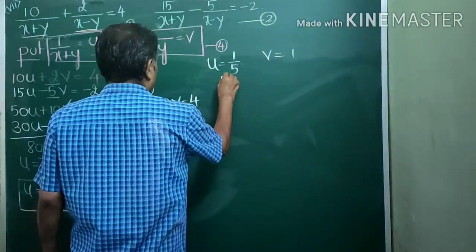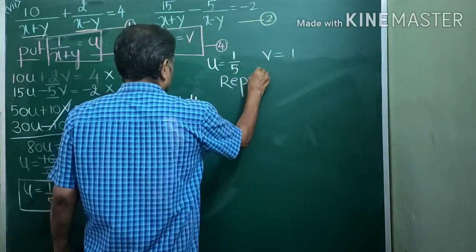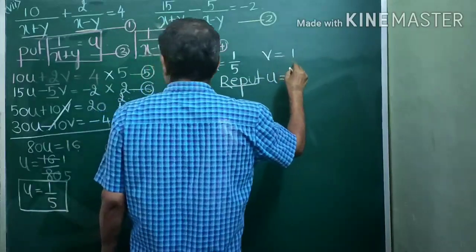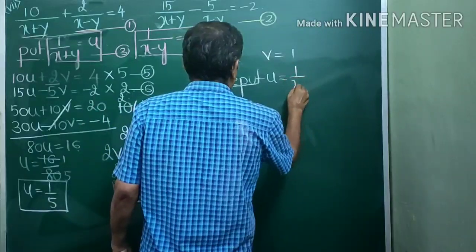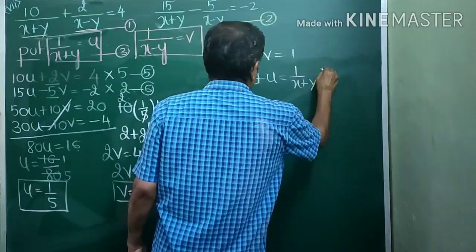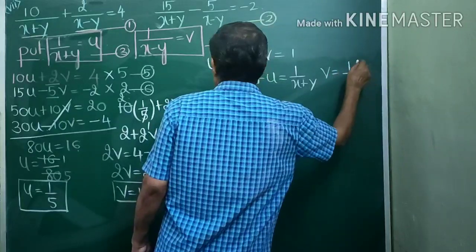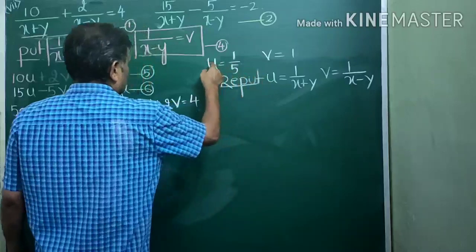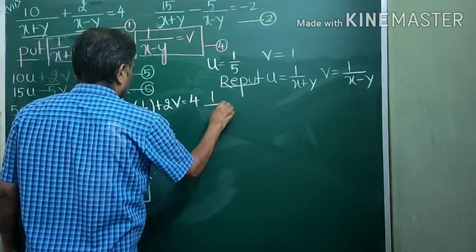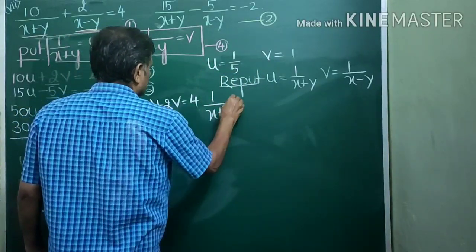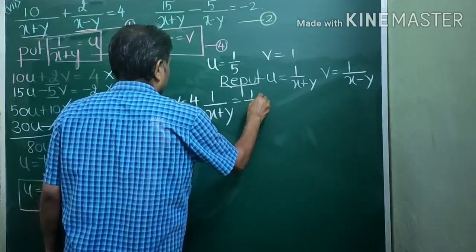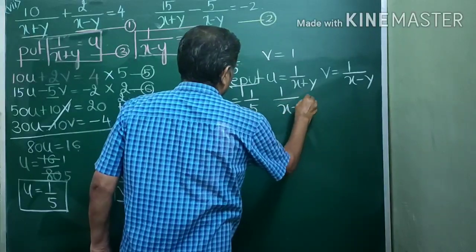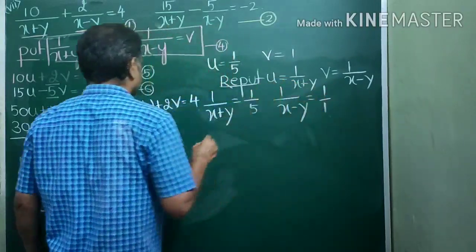What I'll do is here I'll re-put u is equal to 1 by x plus y, and I will also re-put v is equal to 1 by x minus y. So if I solve this, what I will get is, in place of u I will put here 1 by x plus y is equal to 1 by 5, and v is equal to 1 by x minus y is equal to 1 by 1.